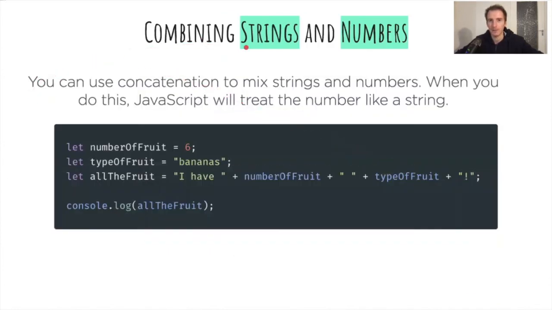So if we want to combine a string and a number, sometimes we have a little bit of a problem with this. So I just want to introduce this. We could be doing something like this, where we want to add numbers together and put the results in a string, or we want to be able to list a number as a string.